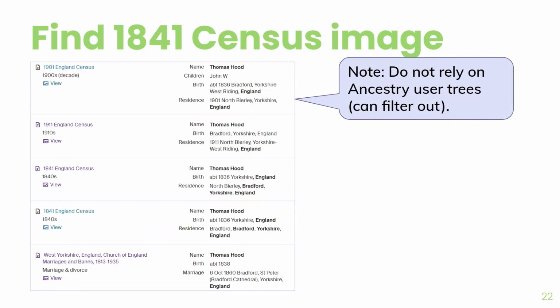What I found, like you've probably found, is that somebody will copy somebody else's tree, errors and all, and then the errors get propagated throughout Ancestry or throughout Find My Past or wherever people are building the tree. It has nothing to do with the website per se. It's just that people are looking for an easy way to copy a family tree, and they just copy it without validating it.